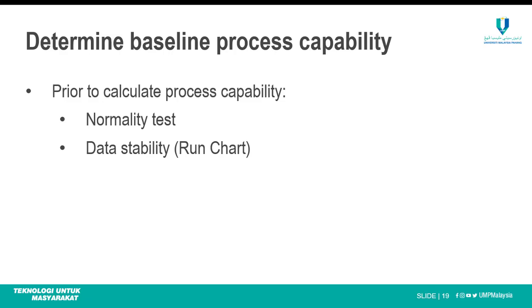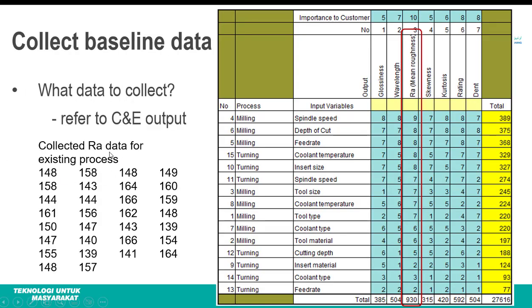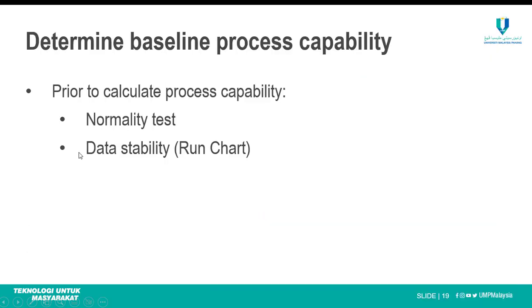Right, so next, once we already have our baseline data, we need to do some statistical measurement of the data. We need to conduct the normality test to make sure that the data is normally distributed.